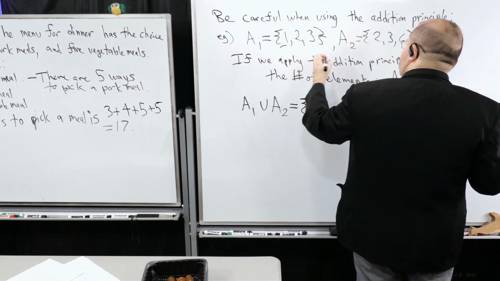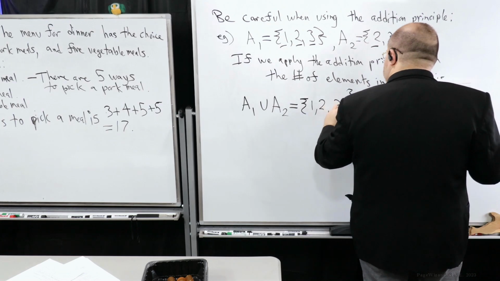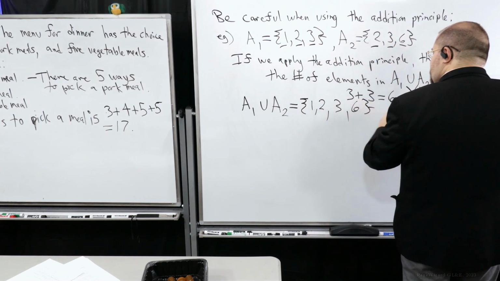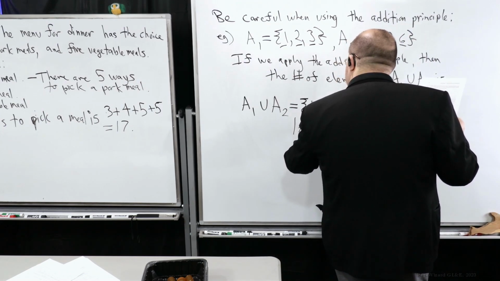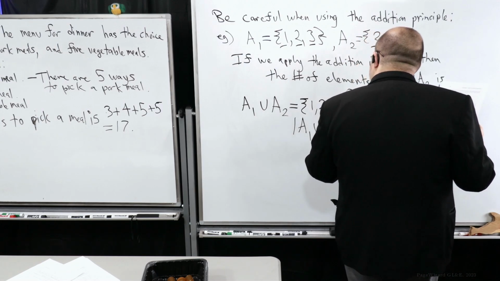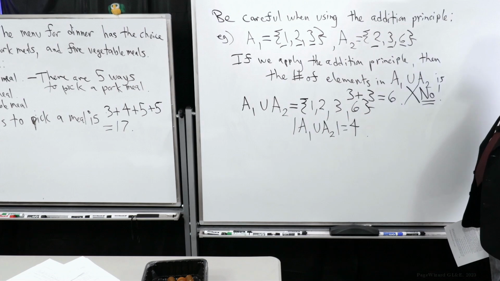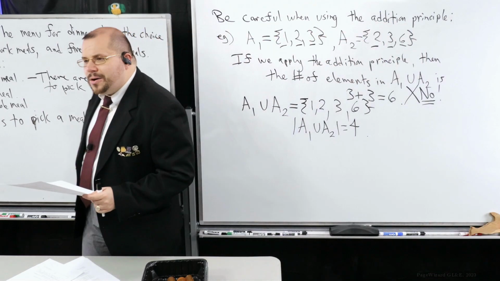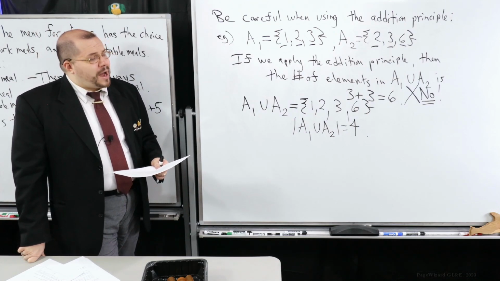So notice I have 1, 2, 3, and I have a 6. So the number of elements in A1 union A2 is actually 4, not 6. What did I do wrong? I overcounted.